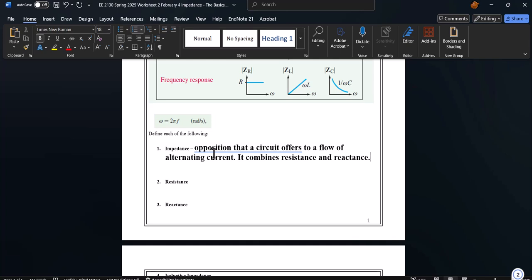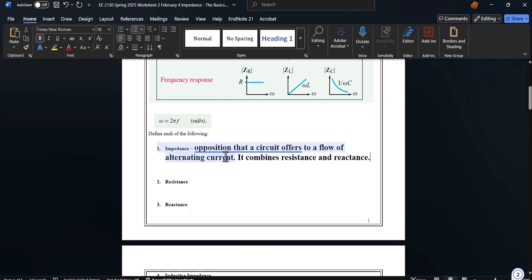What did resistance do? Opposed the flow of current? Yeah, especially the flow of direct current. And what reactance really does is it opposes a change in current. And alternating current is obviously alternating, going back and forth. And so if you're opposing a change in current, then that is also going to oppose the flow of alternating current.